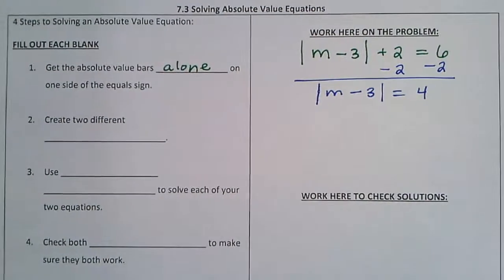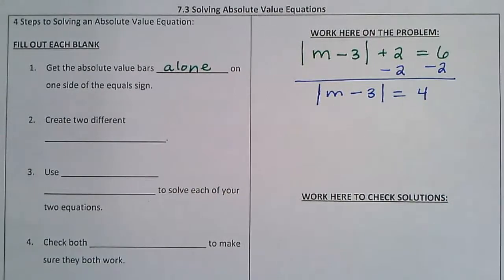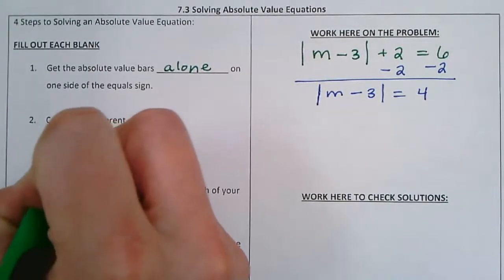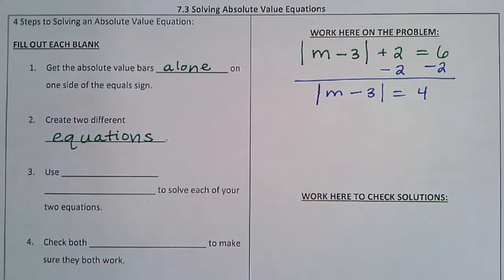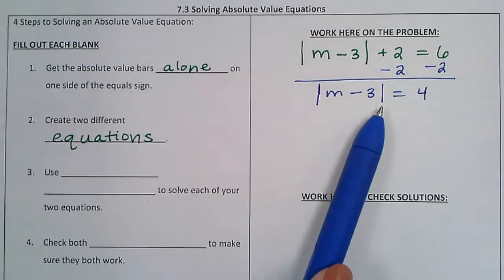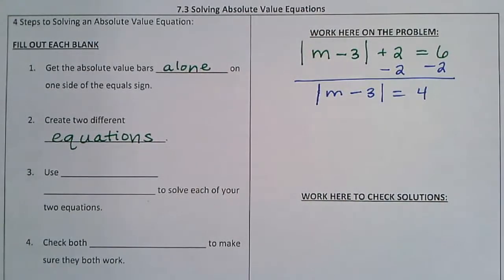The next step is to create 2 different equations. Those 2 equations, once we've isolated our absolute value bars, are going to come from what absolute value means. Absolute value is the distance from 0.